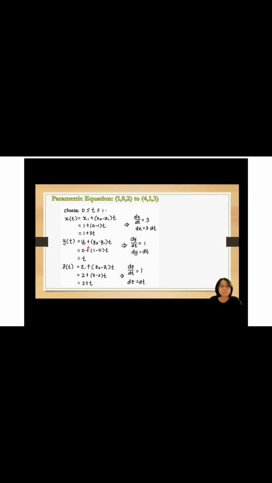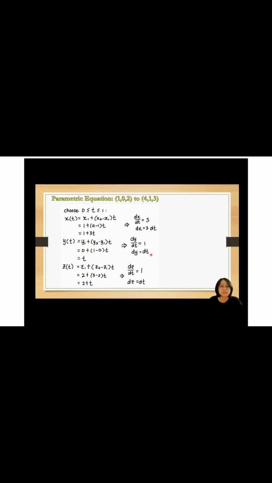y(t) equals y1 plus (y2 minus y1) times t. y1 is 0 and y2 is 1. So we will get t for y(t). For the z(t), z1 is 2, z2 is 3, and we will get 2 plus t for z(t).